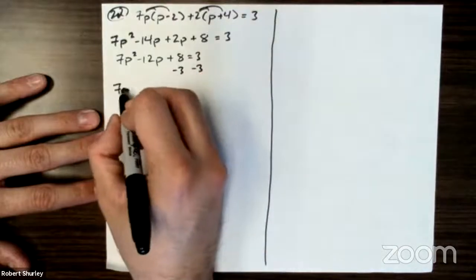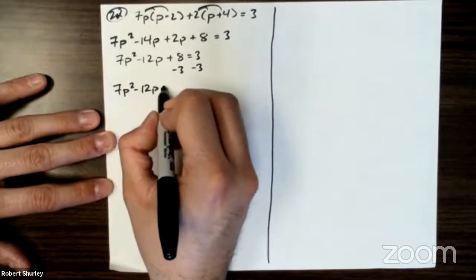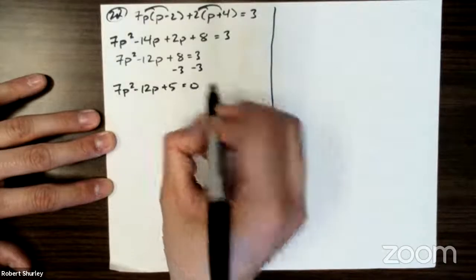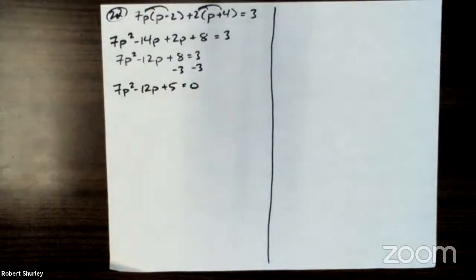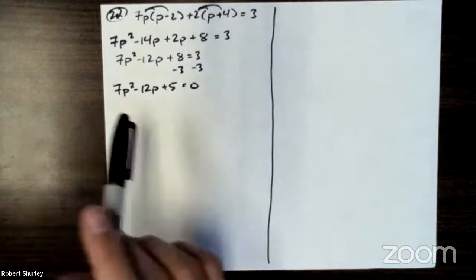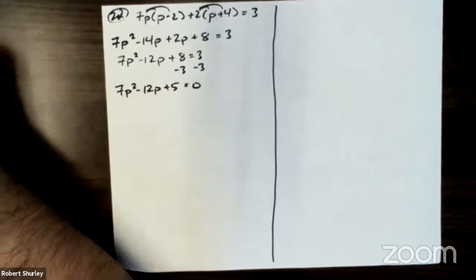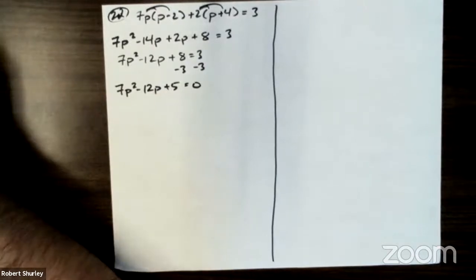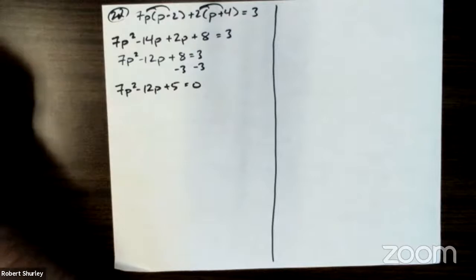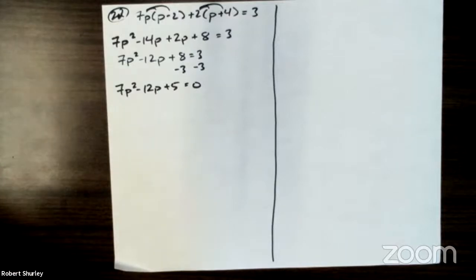Subtract the 3. We get 7p squared minus 12p plus 5 equals 0. Now we had to do a little digging, but we got it into a nice quadratic: 7p squared minus 12p plus 5 equals 0.